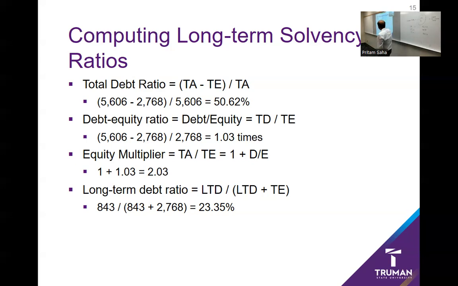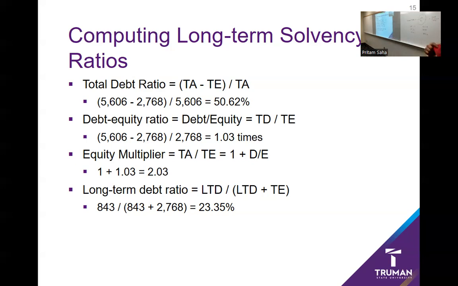The same equations, but by changing total debt with long-term debt. They are giving same information, how much leverage your firms have, but they're trying to distinguish interest burden debt versus non-interest burden debts. Make sense?